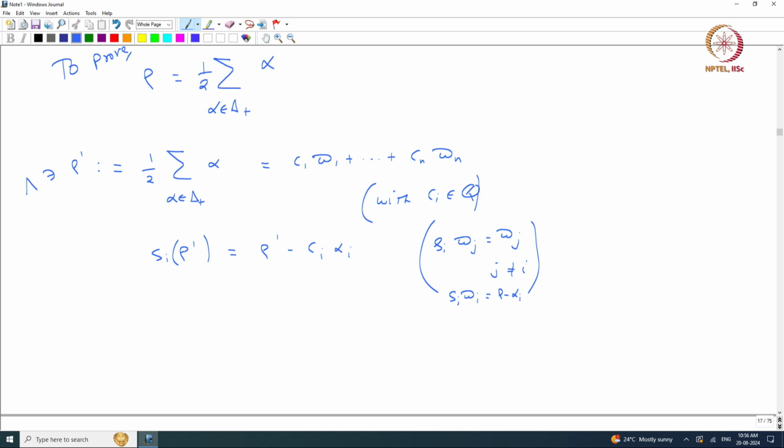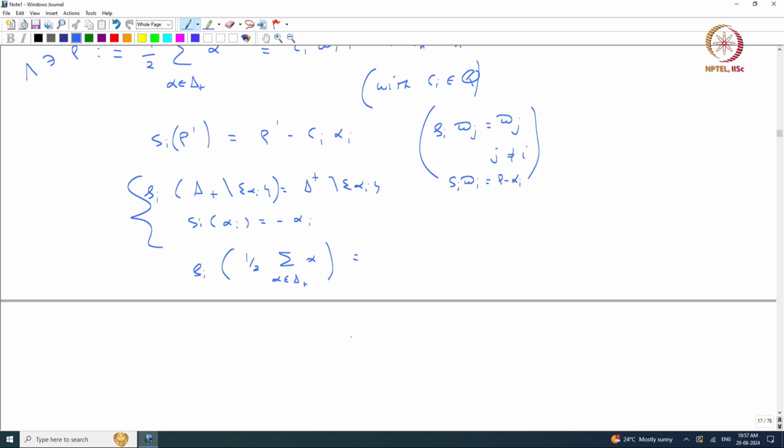So, now if we use that S_i maps delta plus minus alpha_i to delta plus minus alpha_i, and S_i of alpha_i being minus alpha_i, then you can see that S_i of half the summation over alpha in delta plus is going to be exactly equal to, first you just write it as two different sums. The first sum will be invariant. So, this is going to be half the summation over alpha coming from delta plus minus alpha_i, because it is going to just permute it there.